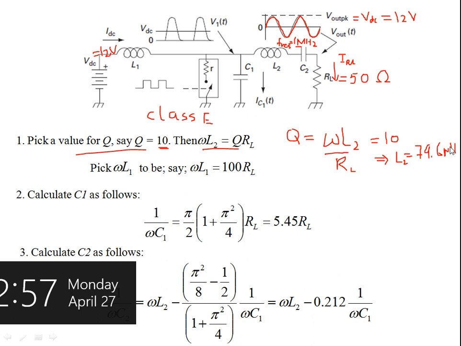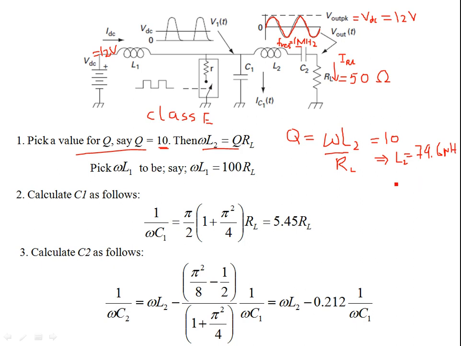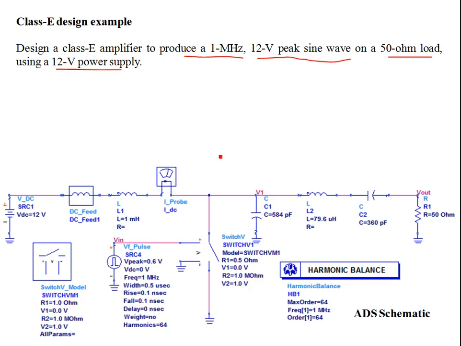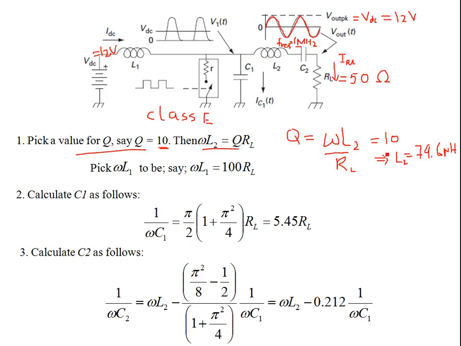And this design component you can see over here in this schematic. This is an ADS schematic I've constructed. You can see this L2 is 79.6 microhenries, and how it comes is that you are assuming a very high Q, and from the Q of 10, you evaluate L2 as 79.6 microhenries.